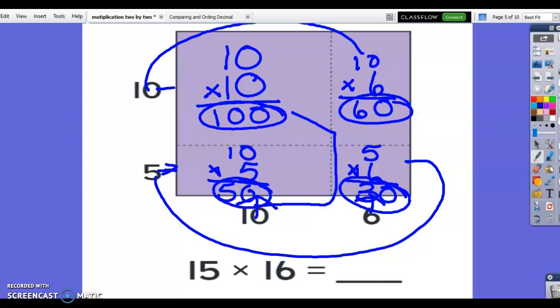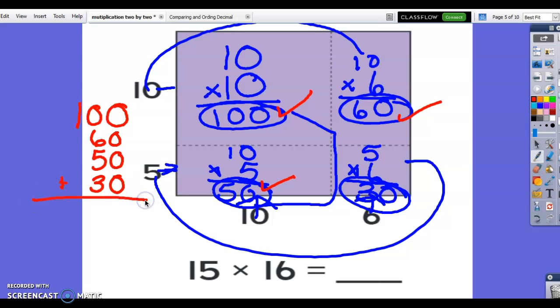So the next part that we're going to do is you're going to add up each one of the partial products. So you can add 100. Make sure your digits are lined up. So this one's done, 60. This one is done, 50. This one is done, and 30. So you have to multiply everything and then add up.